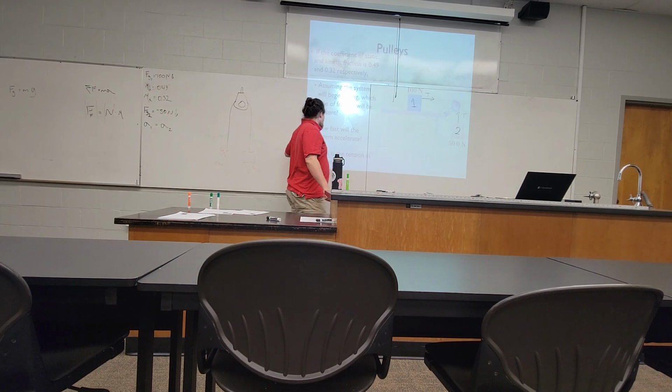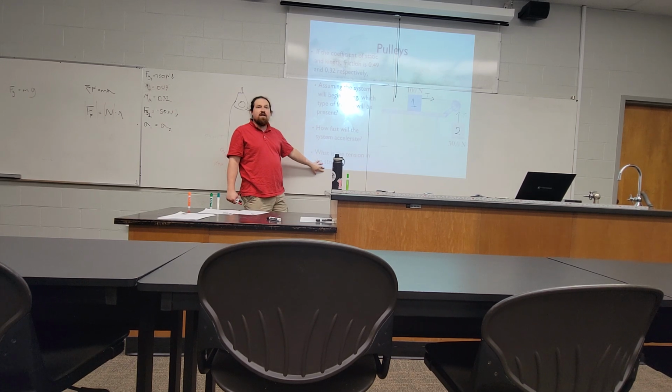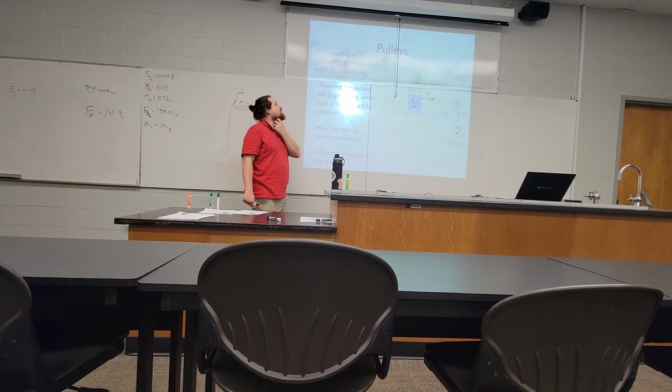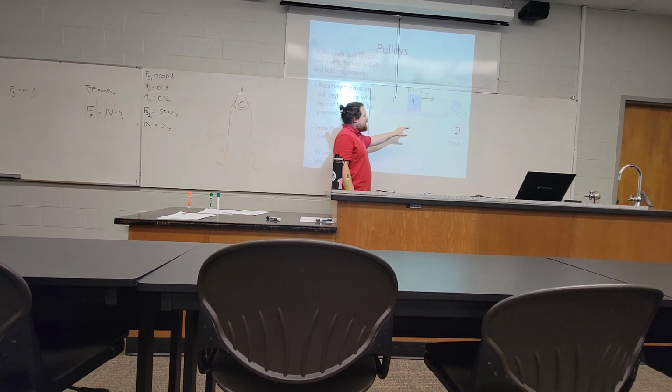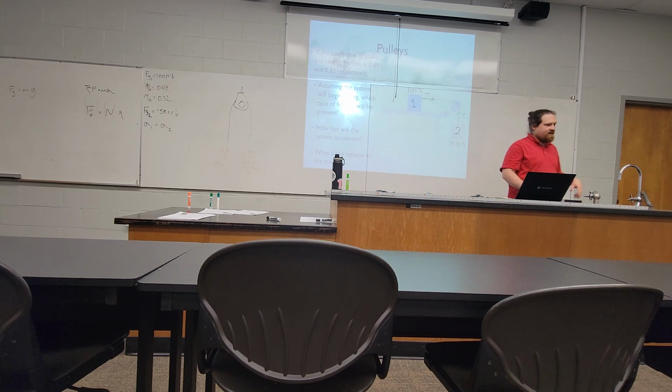Now, the main things we're being asked here are how fast is the system going to accelerate, and what is the tension in this string? That's two things we're looking for. And to kind of give the game away, I'm listing both at once because we're going to end up in a two equations, two unknowns scenario.